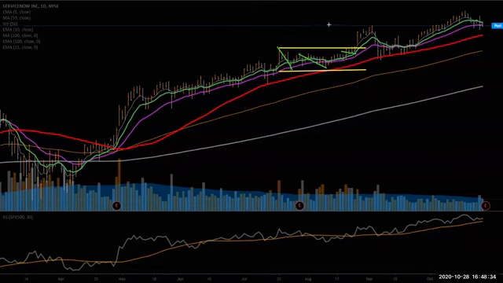Everybody see that? That's some of the volatility contraction that we'd want to look for in the price action. And it's kind of like a spring that's coiling and getting ready to break out.